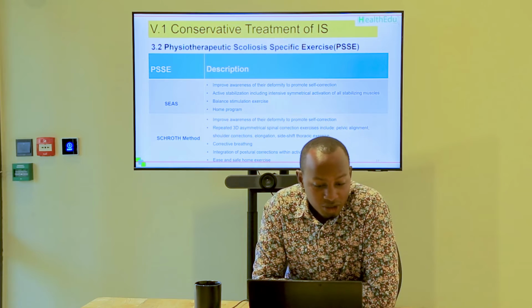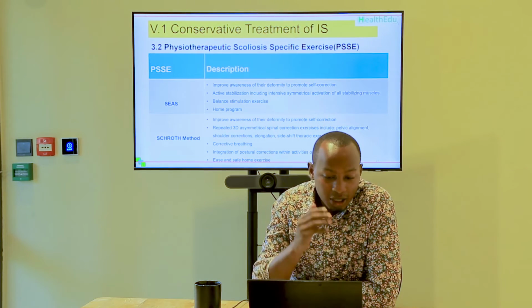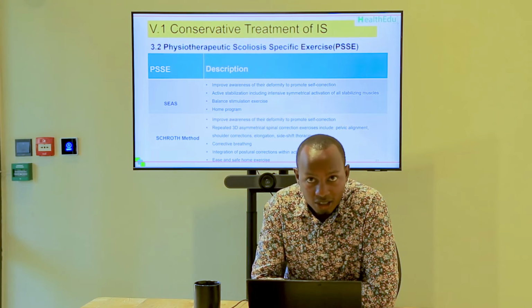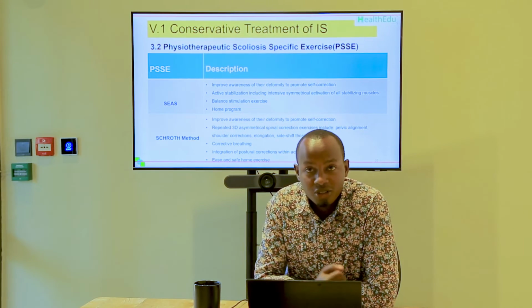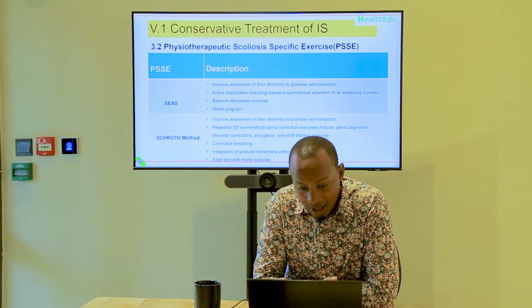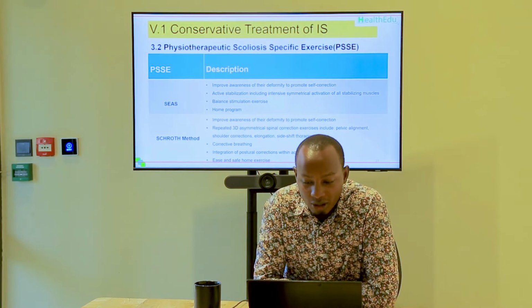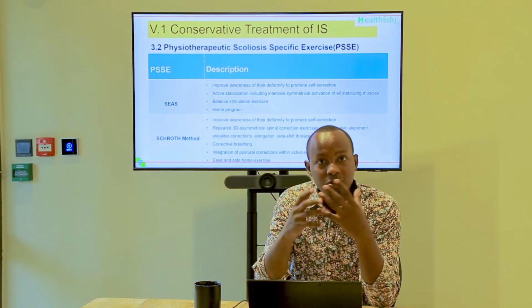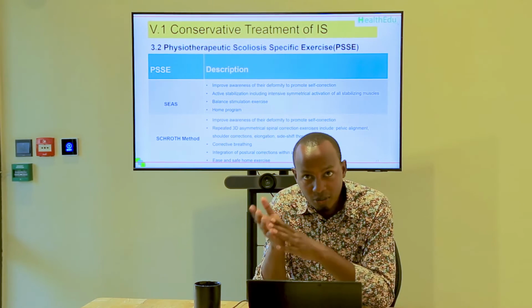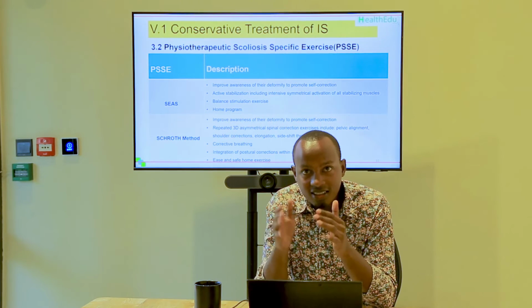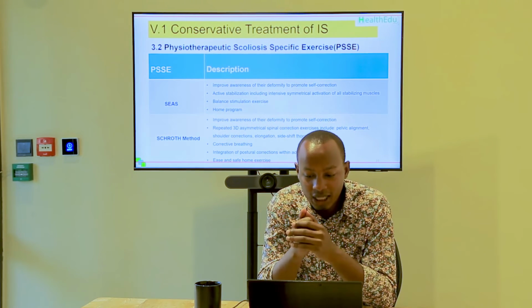And the second one is the Schroth method, where first you have to help the patient to improve awareness of their deformity, to promote self-correction. Repeated 3D asymmetrical spinal correction exercises, because we said scoliosis is a three-dimensional deformity. So these exercises have to combine all three planes.